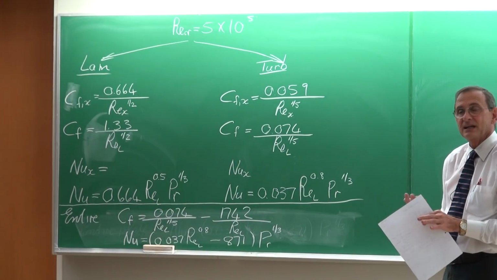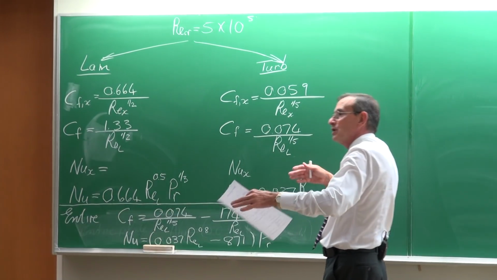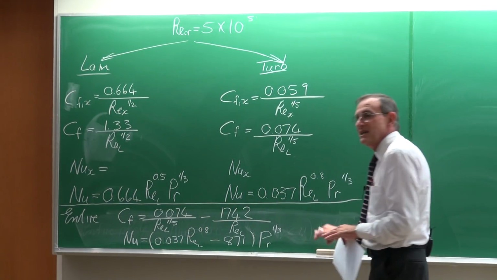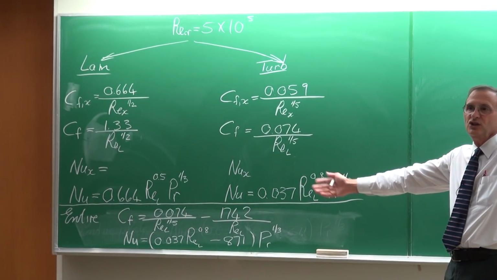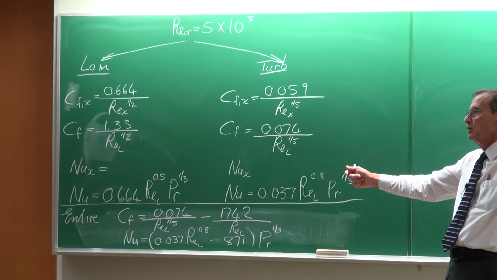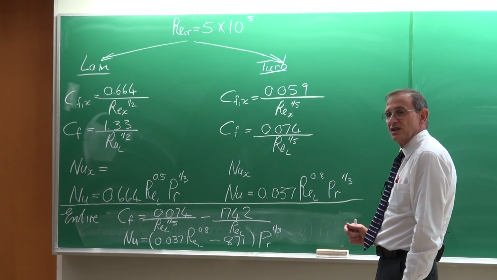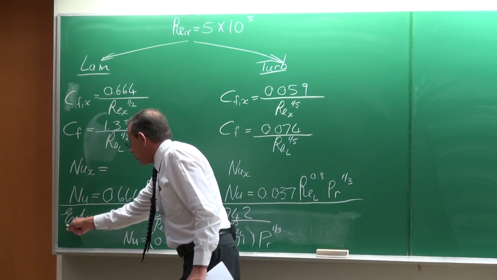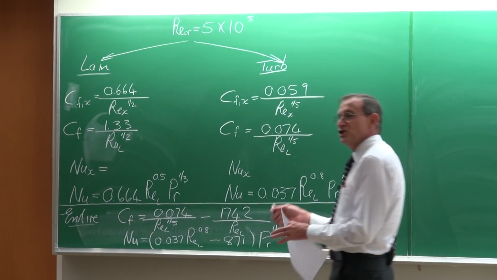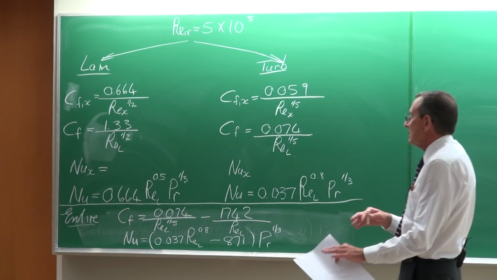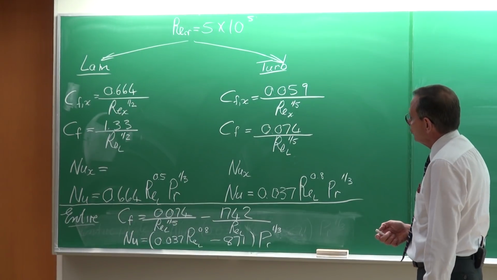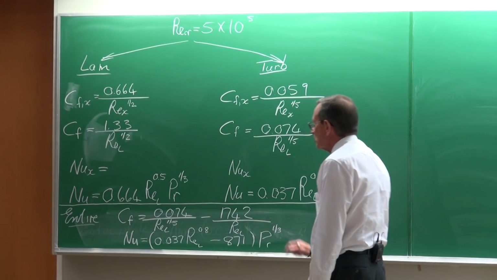But there are some practical cases, if you look at the entire body, that the laminar part would be negligible. And in general, you can say, all the flow is turbulent. Then you can use this equation. Otherwise, if you want to be safe and you want to take into consideration the laminar part, then you can do it with this equation for the skin friction drag as well as the Nusselt number.